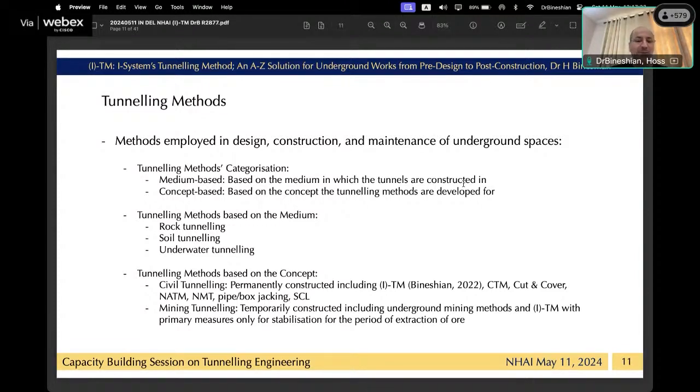They are temporary structures, temporarily constructed, including underground mining methods, also ITM, with primary measures only for stabilization for the period of extraction of ore. When you have extracted the ore from the mine, you do not need this space. You leave it to collapse. But in civil tunneling, you need this structure to stand at least 125 years, which we call a permanent structure.